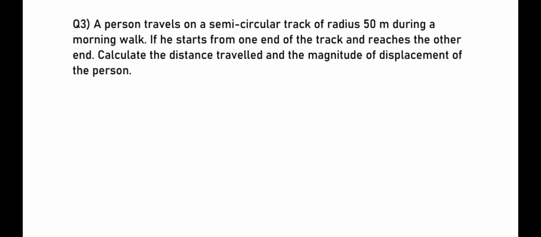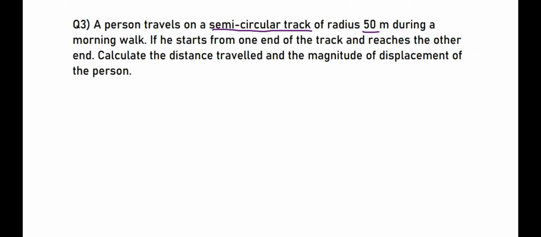Come to one more numerical. A person travels on a semicircular track of radius 50 meters during the morning walk. If he starts from one end of the track and reaches the other end, calculate the distance traveled and the magnitude of the displacement of the person.